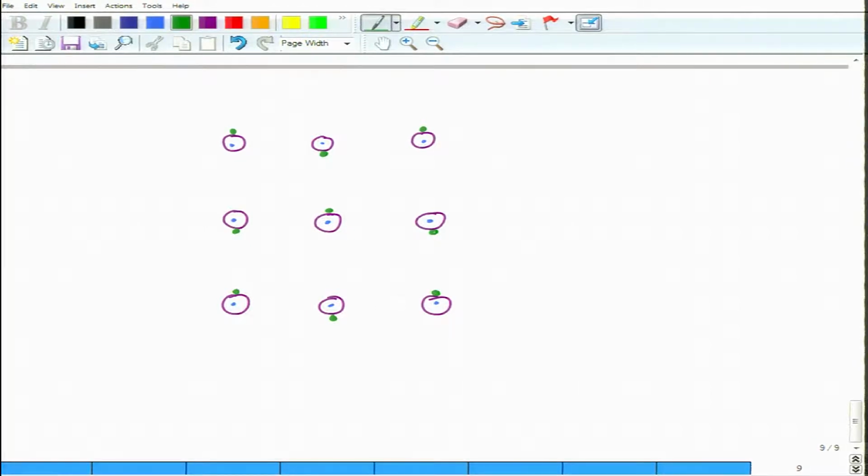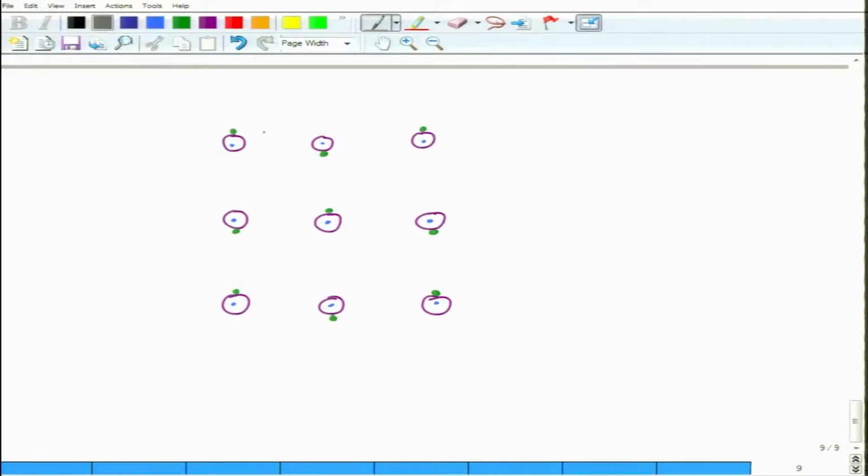So, which is the repeatable unit cell now? Is this the repeatable unit cell? Yes, this is not, right.